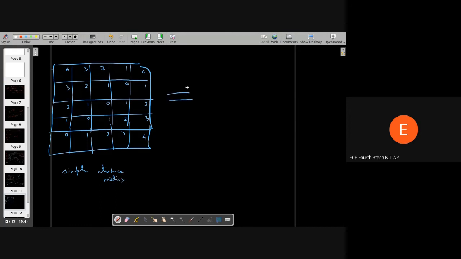Now let's try and figure out the cumulative distance matrix.